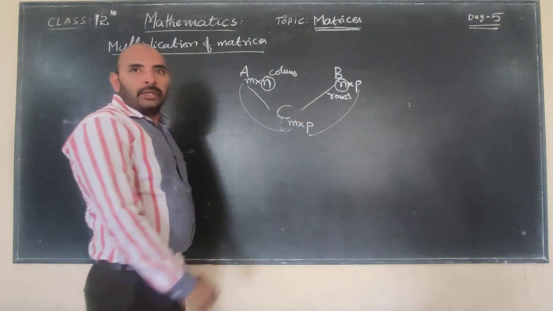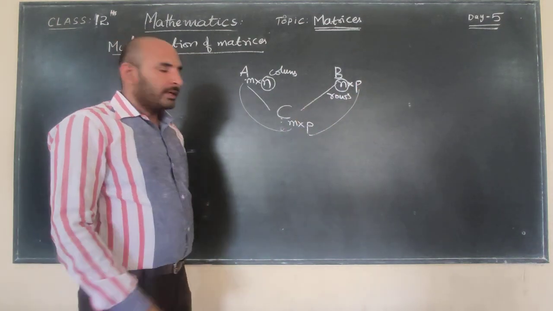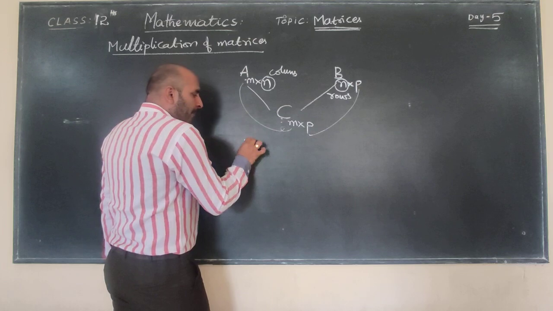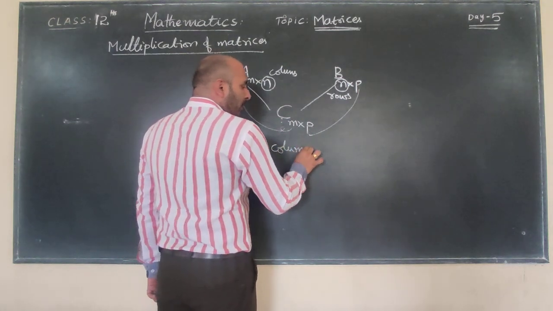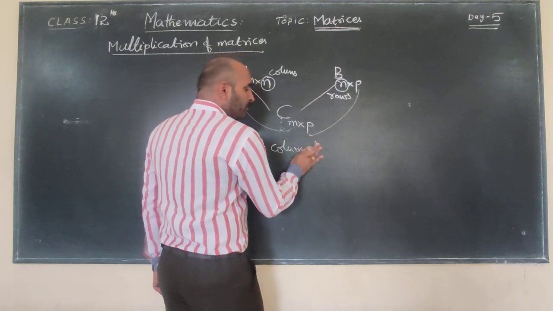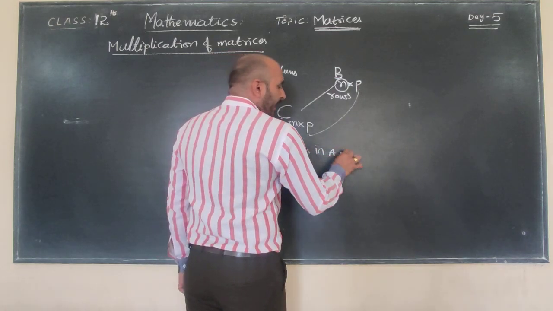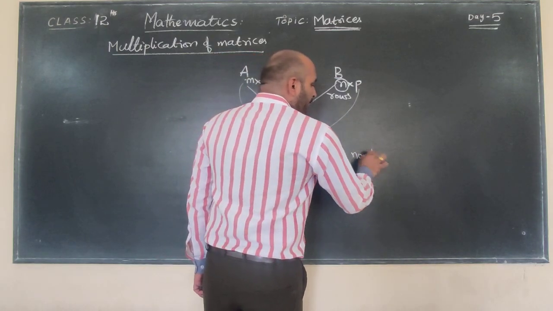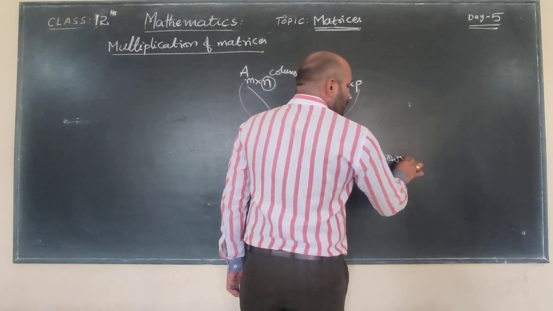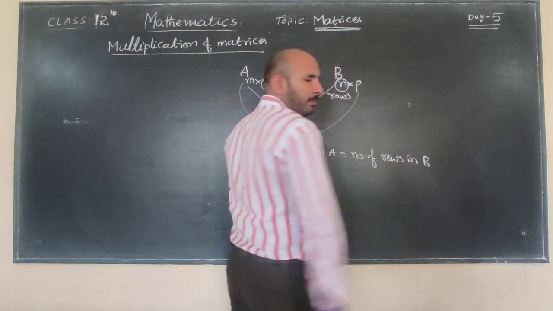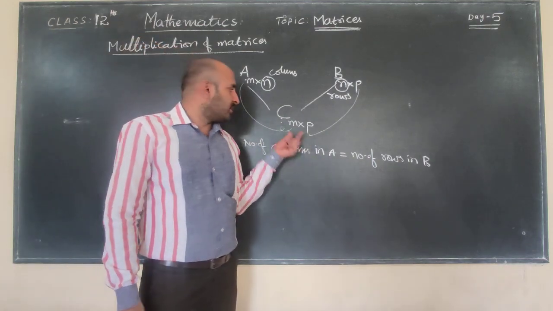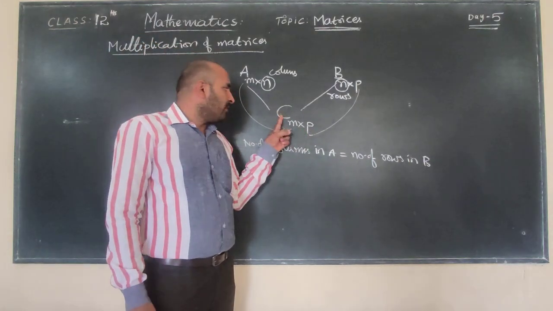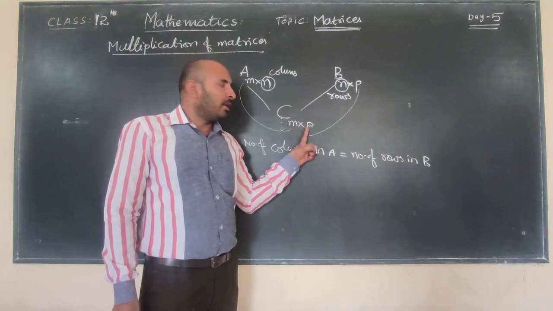That means the number of columns in A must equal the number of rows in B. Then the resultant matrix becomes m by p. That means for the C matrix, m rows and p columns.